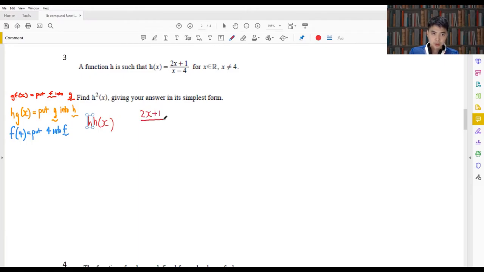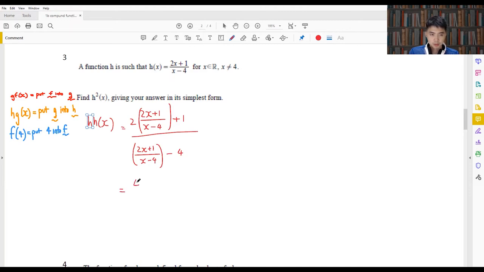It is going to look something like this: 2x plus 1 over x minus 4, multiplied by 2, plus 1, over 2x plus 1 over x minus 4, minus 4. Open up the brackets and change the whole numbers into fractions themselves.